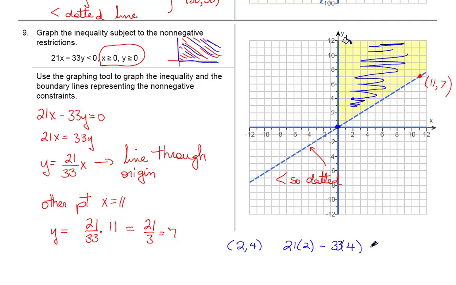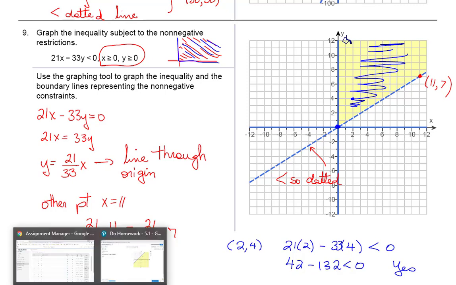Is this less than 0? Well, 21 times 2 is 42 minus 4 times 33. 4 times 3 is 12, carry the 1, 132. Now, if I take 42 minus 132, is that less than 0? Yes. Therefore, all this stuff on the inside actually works.